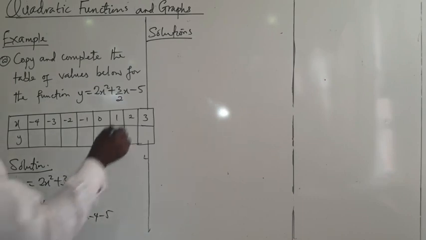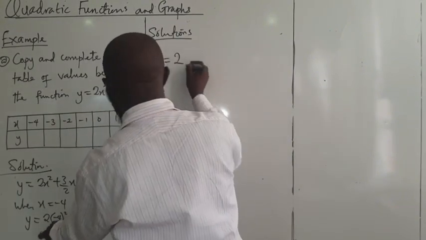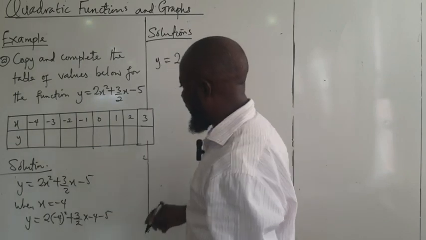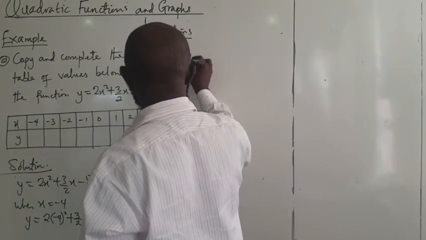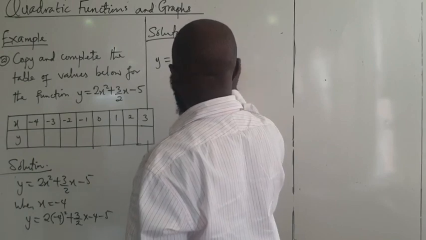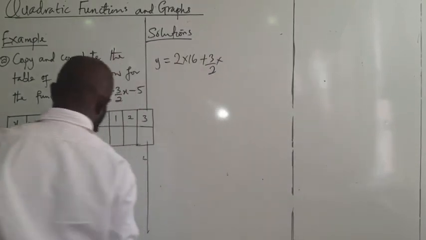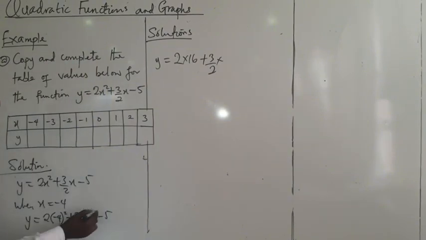So let's now solve this. y will be equal to 2 times, minus 4 squared is 16, plus 3 over 2 times minus 4. We cancel this 2 here, 1, 2 here, 2.